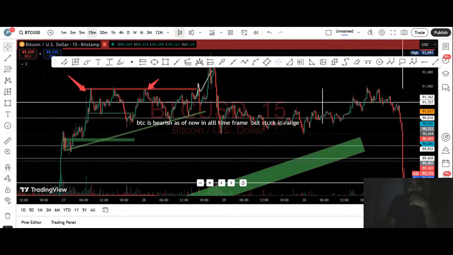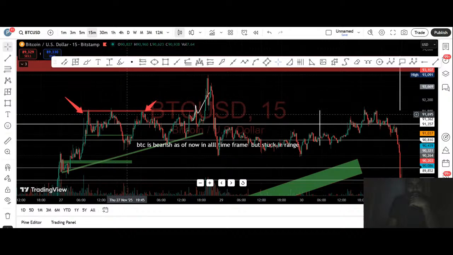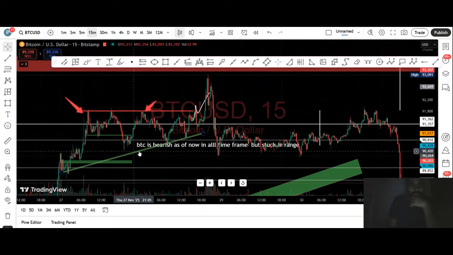See, whenever the price is in range, there is no trade at all.